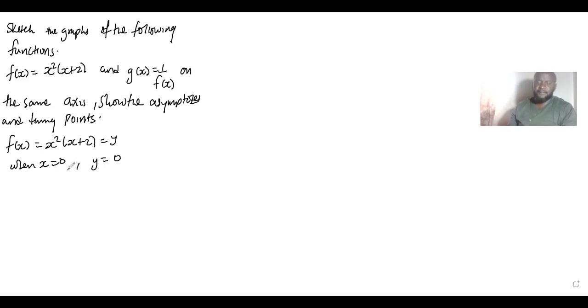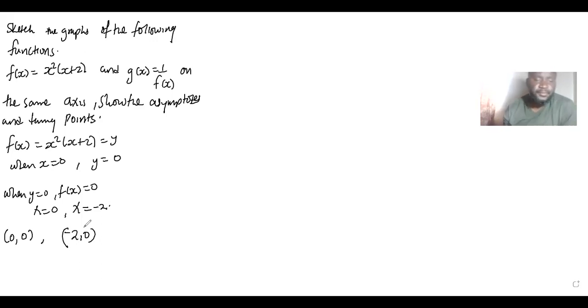So the curve cuts the y-axis at the origin. When y is 0, that is if f of x is 0, then x is 0 and x is negative 2. So we have the points 0, 0 and negative 2, 0.